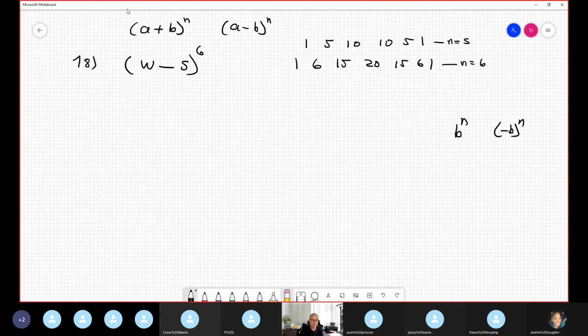So in this case, the coefficient is 1, invisible, and you put W to the 6th power. This is the first guy. And the last guy is obviously S to the 6th power. But okay, let's continue step by step. Next is plus the coefficient 6.